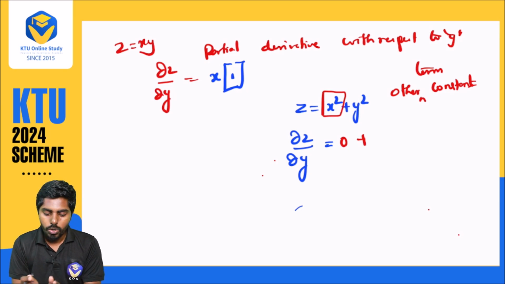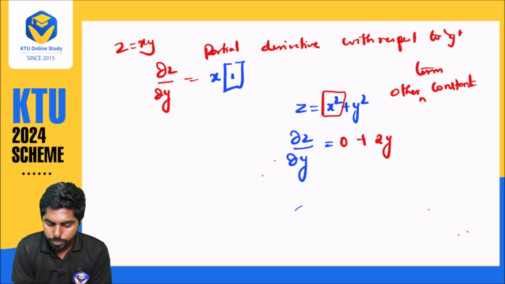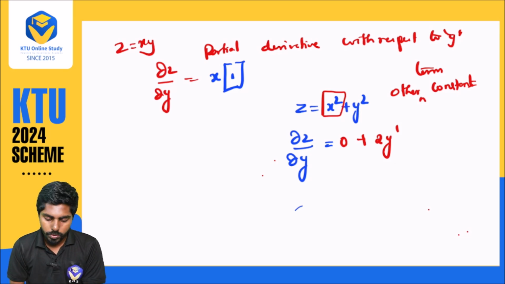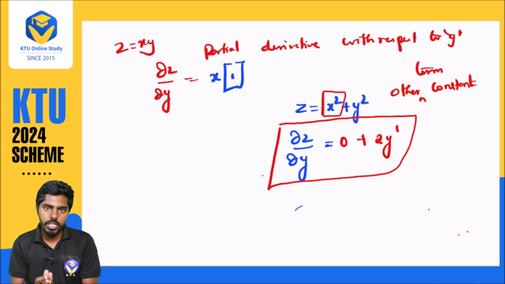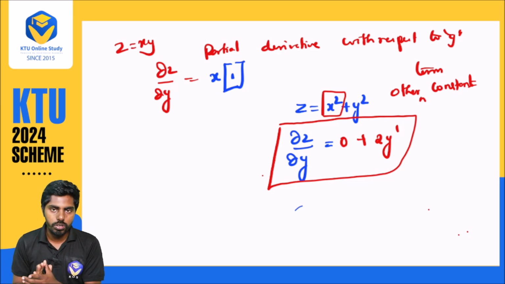Plus y square, when you differentiate y square, it will become 2y power 1. So this is the way you want to solve this sum. This is the partial derivative. Partial derivative means showing partiality by taking only that value, keeping the other value as a constant.